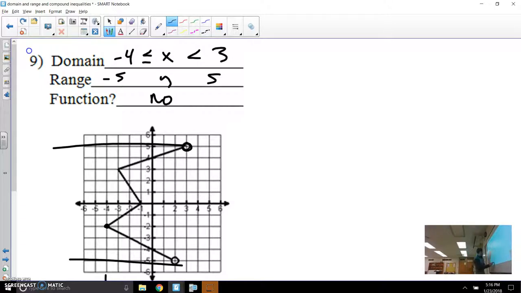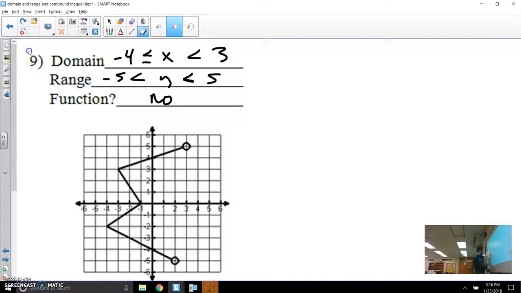Well, that's what the open dot suggests, is that they don't. That's simply going down all the way to that place, but not actually touching there. And the same thing here. We're going all the way up to 5, but we're not touching 5, and we're not exceeding 5. So these inequalities describe possible x values and possible y values for any point on this graph.